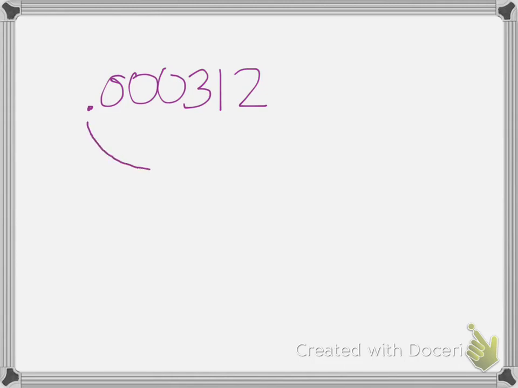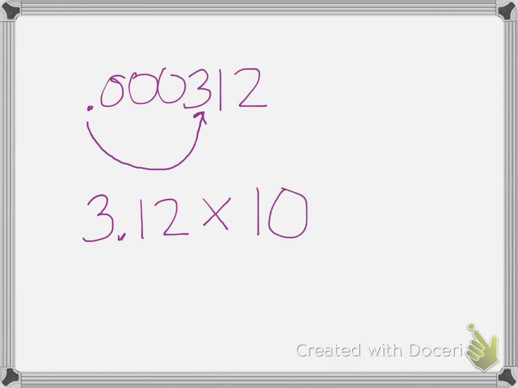So I would have to move the decimal to right there for this number to look like it's less than 10. And then it would be 3.12 times, it's always a 10. And then the little exponent up here is how many times you move the decimal. So I move the decimal 1, 2, 3, 4 times.